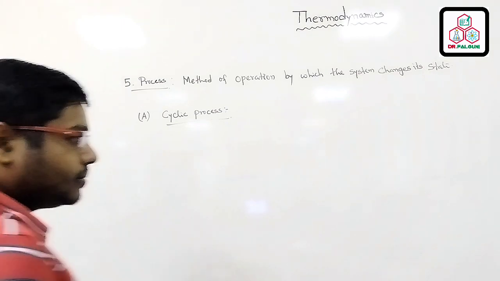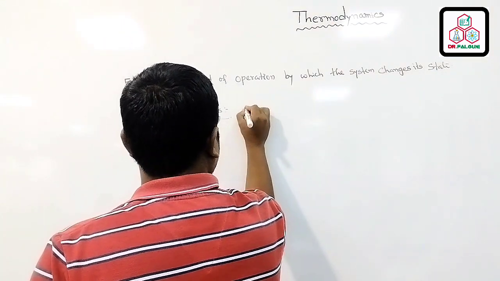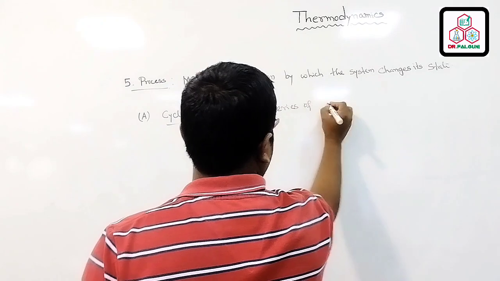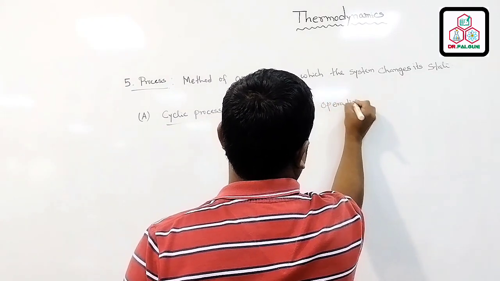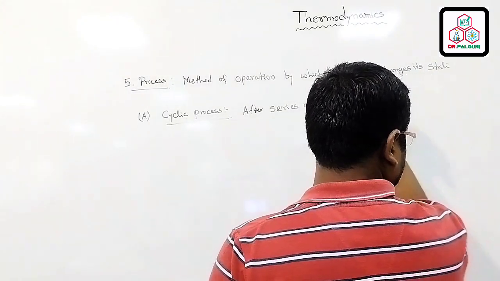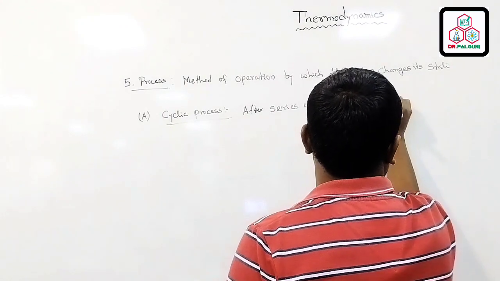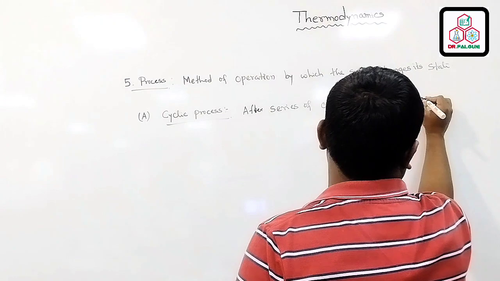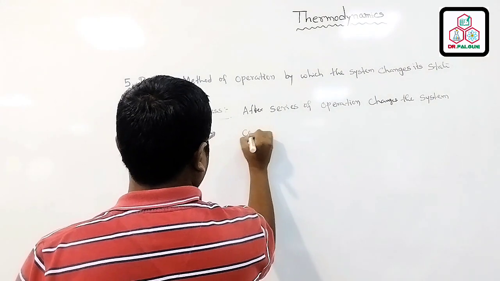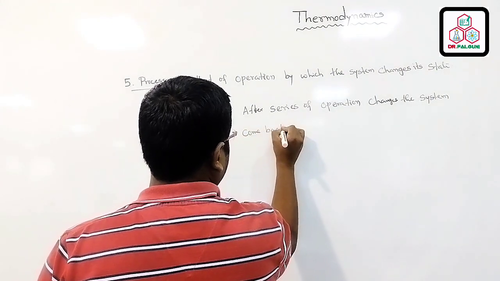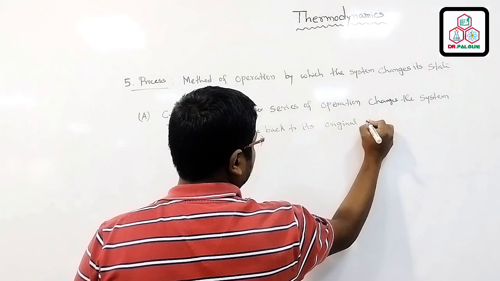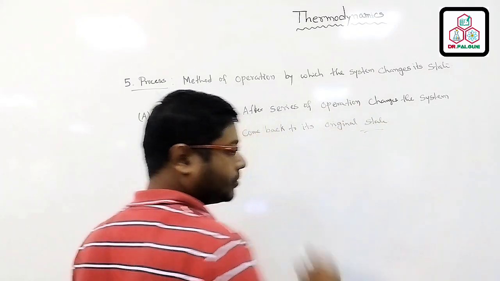So what is cyclic process? Cyclic process is after a series of operations, the system comes back to its original state.